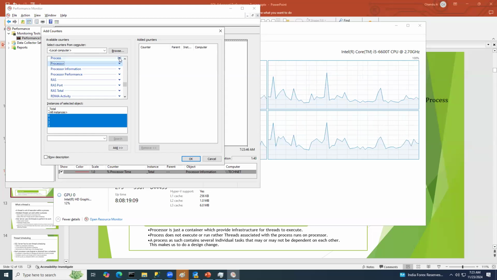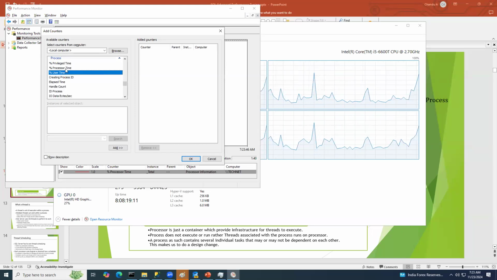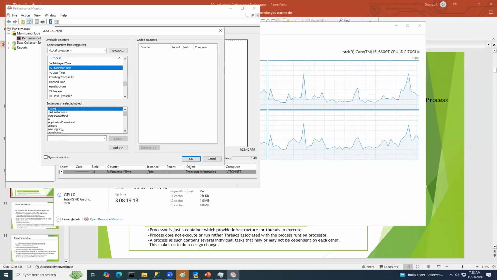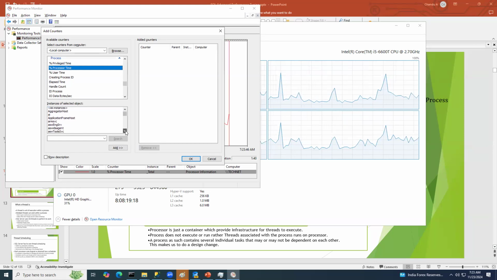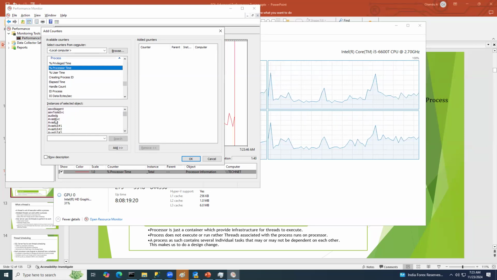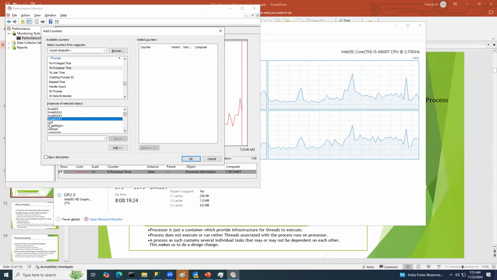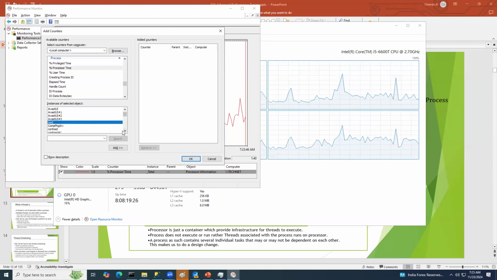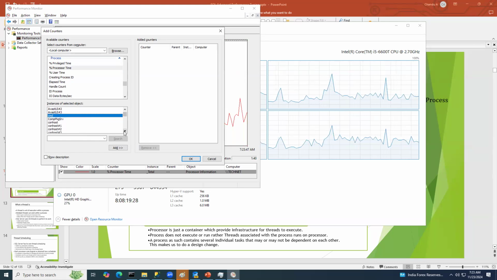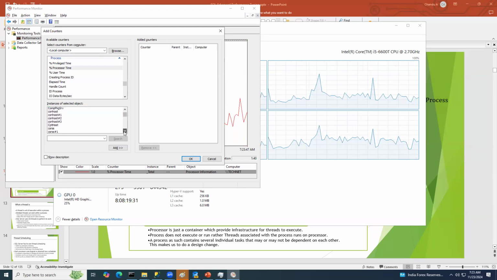Whereas for process, if you click on any of these, you see all the applications here, including your SQL Server. For example, Avast antivirus, the CMD process, I mean the CMD shell.